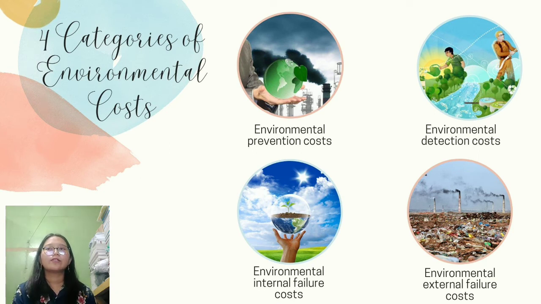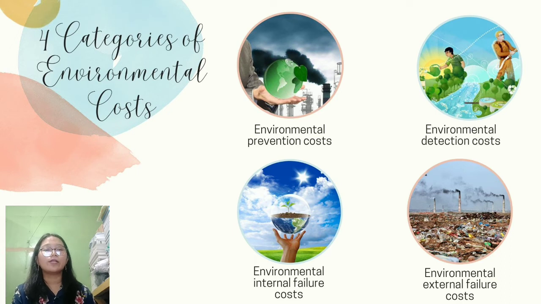Environmental internal failure costs are the costs of activities because contaminants and waste have been produced but not discharged to the environment. They are incurred to eliminate the contaminants and waste once produced. And lastly, environmental external failure costs are the costs of activities after discharging the contaminants into the environment.